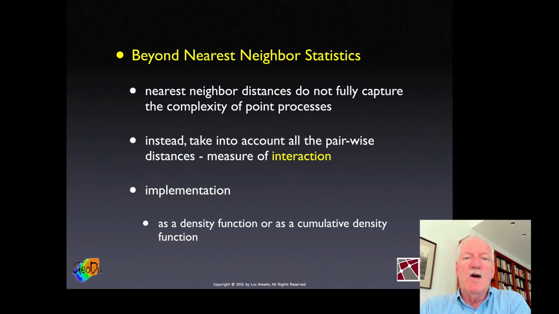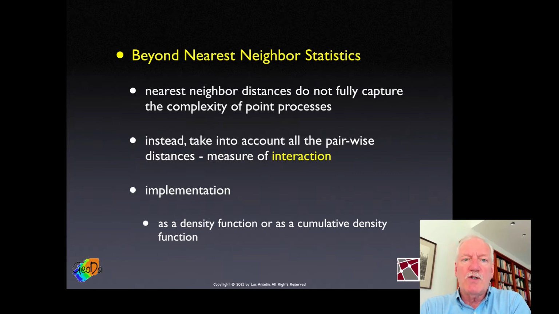Remember, when we spelled out the initial conditions for complete spatial randomness, it was not only equal probability for every location, but also that the fact that a point or an event actually is in one location does not affect the probability of having an event in other locations. So now we start focusing on that interaction between events.